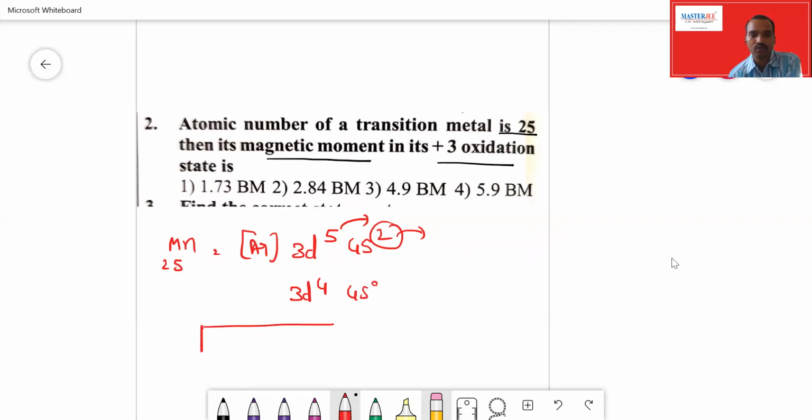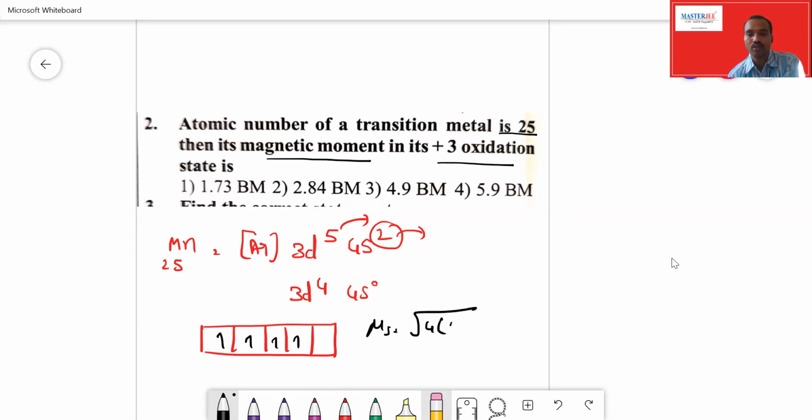That means 4 unpaired electrons will be present. So what is the spin-only magnetic moment? μs is equal to √(4 × (4 + 2)), which is √24, and the value is 4.89 Bohr magnetons. Clear? 4.89. Nearly, we can choose this option. Right? Next question we are going to switch.